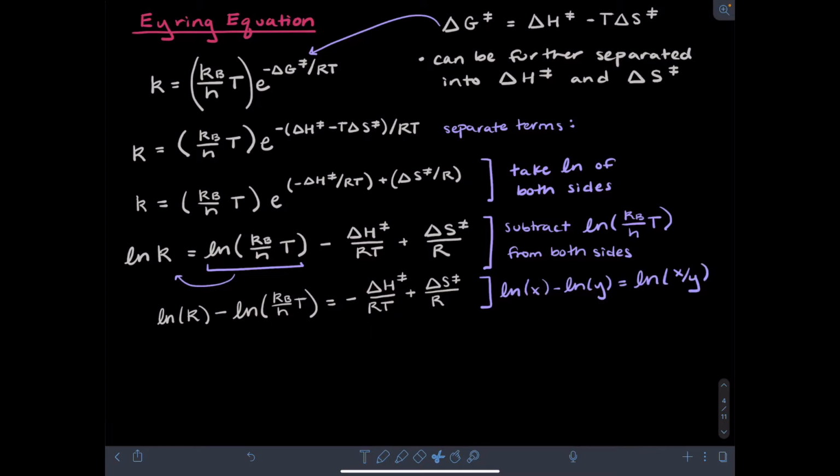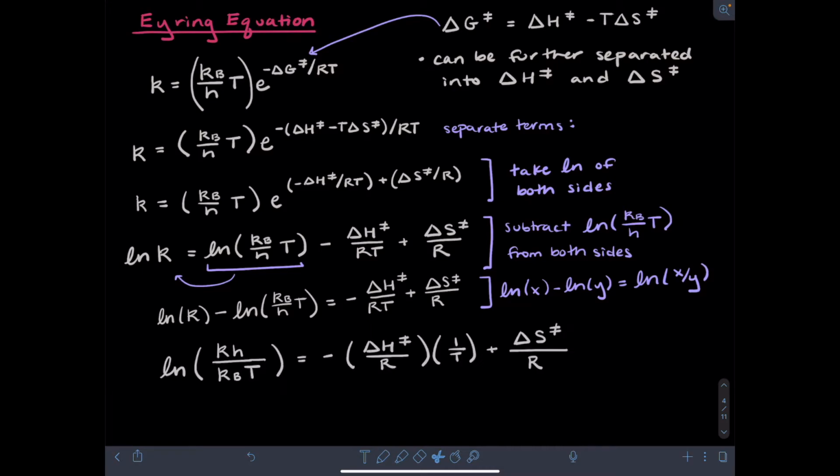We can rearrange natural logs using the following rule, where if you have natural log of x minus natural log of y, that's equal to the natural log of x divided by y. We would take our rate constant k divided by kb divided by h times t, and we can rewrite that whole term as natural log of rate constant k times h divided by the Boltzmann constant kb times t on the bottom.